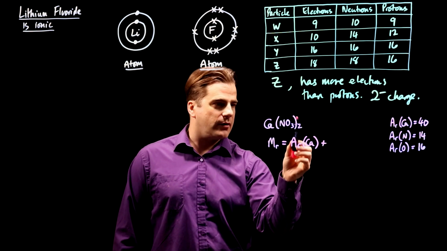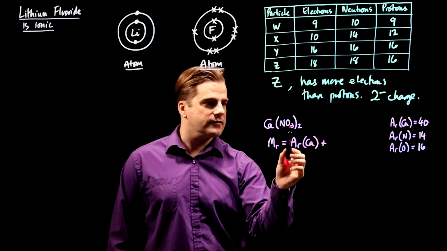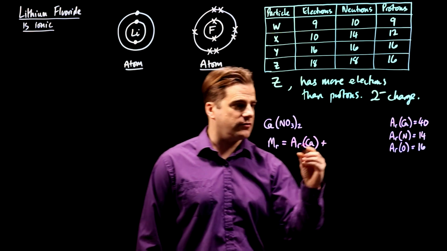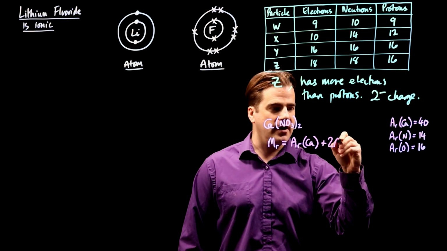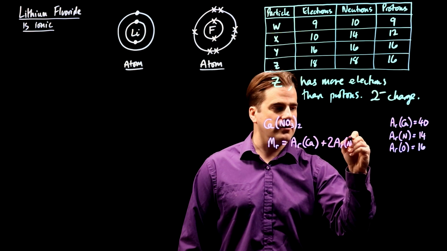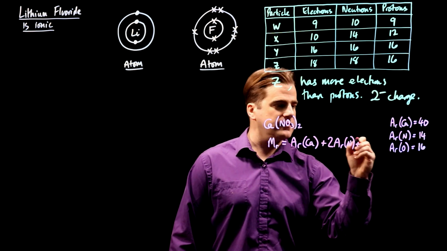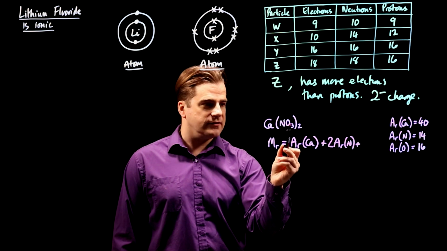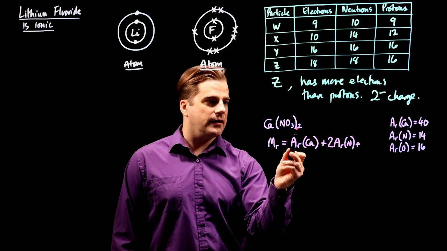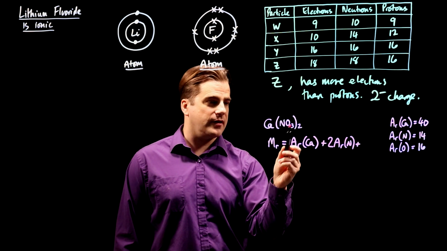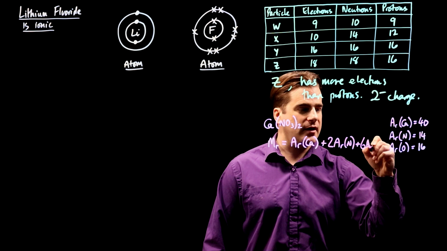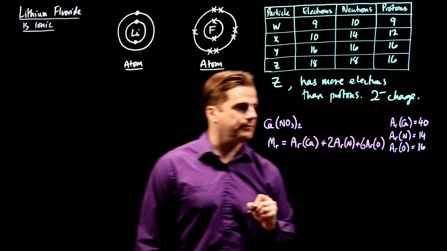There's a little 2 outside the brackets, and there's 1 nitrogen inside the brackets, so we must have 2 nitrogens. So 2 times the AR of nitrogen, plus, how many oxygens has it got? There's 3 oxygens inside the bracket, and there's a 2 outside the bracket, so it's 3 times 2, we have 6 oxygens. So it's 6 times the AR of oxygen.